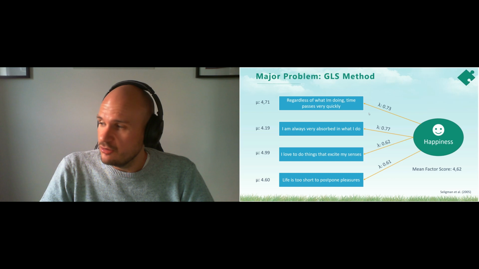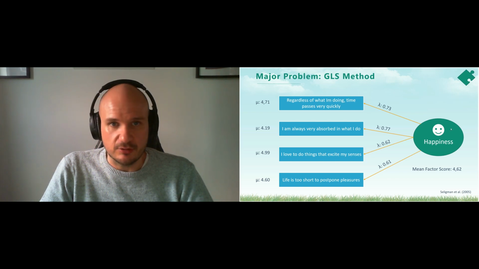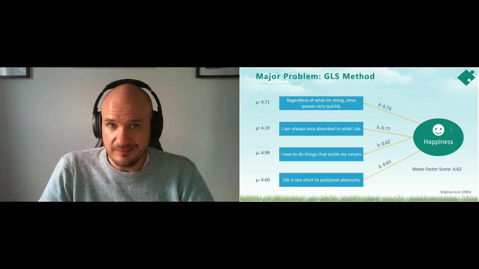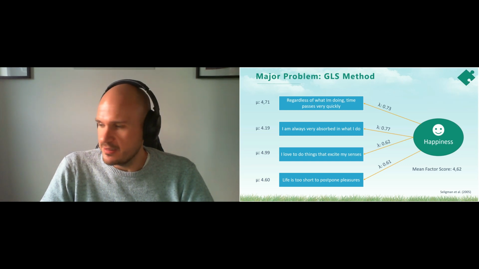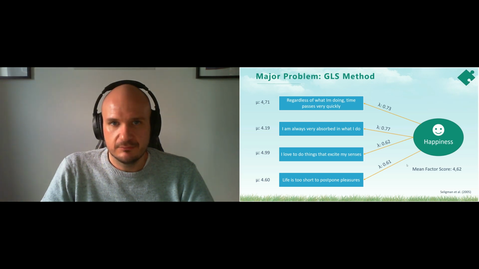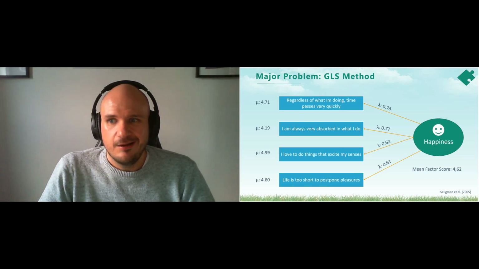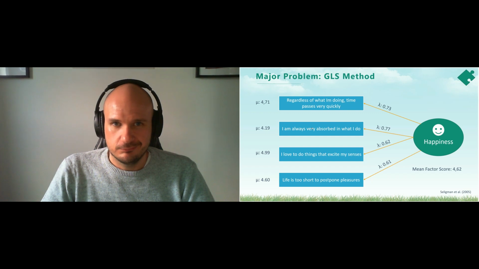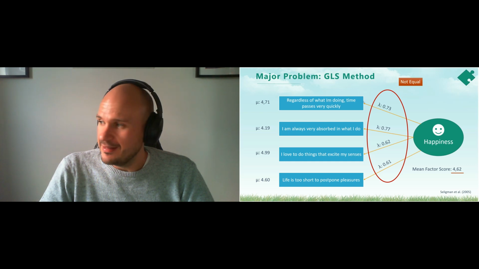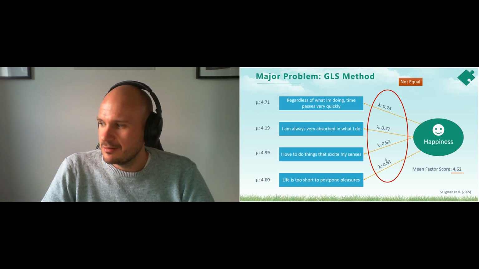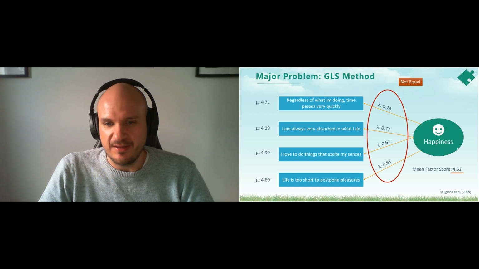Now, like I mentioned, when we want to create this happiness factor, we say item 1 plus 2 plus 3 plus 4 divided by 4 gives us happiness. Makes sense. What's the problem? When we do it that way, we assume that each one of these items loads exactly the same on that factor.